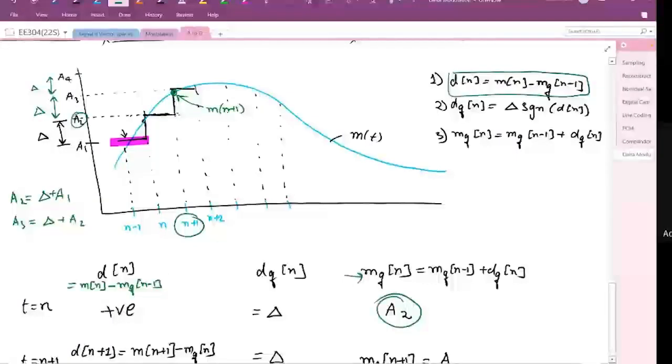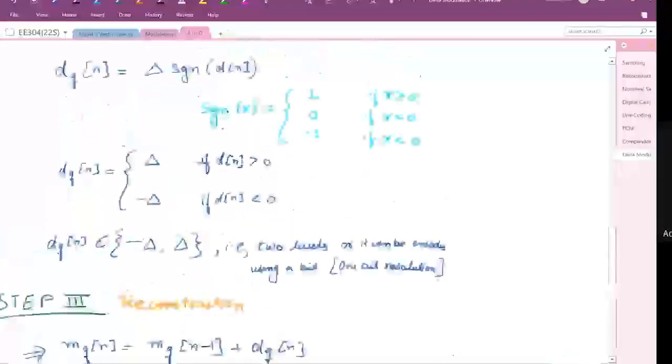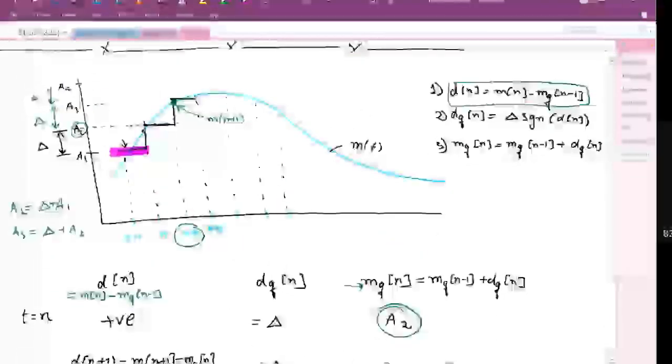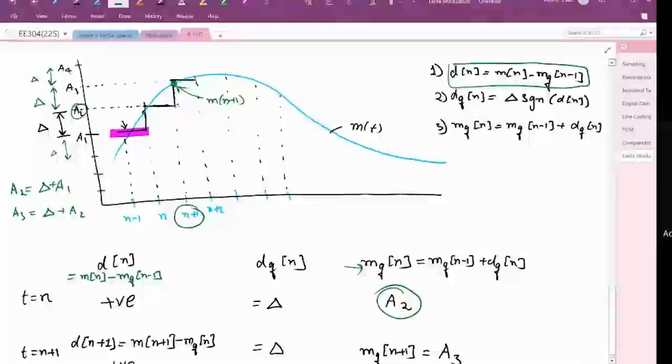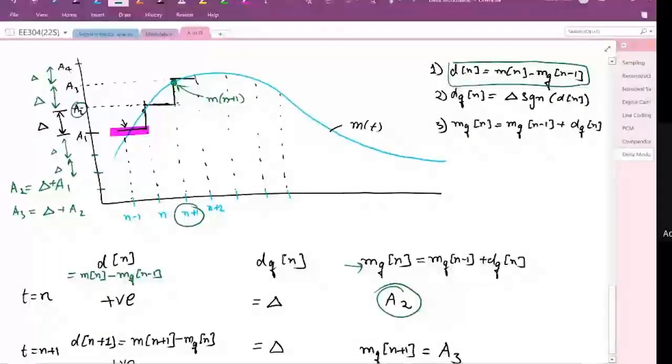So the differences between a1, a2, a3 and a4 are del, and for a given fixed del, that means a given step size, we have these levels a1, a2, a3, a4. Okay, sir, this is our assumption, right? For a given step size, this is what we were saying. Okay, I got it. So in this way, I can partition the complete region into these dels, and all of them, the differences are del only.